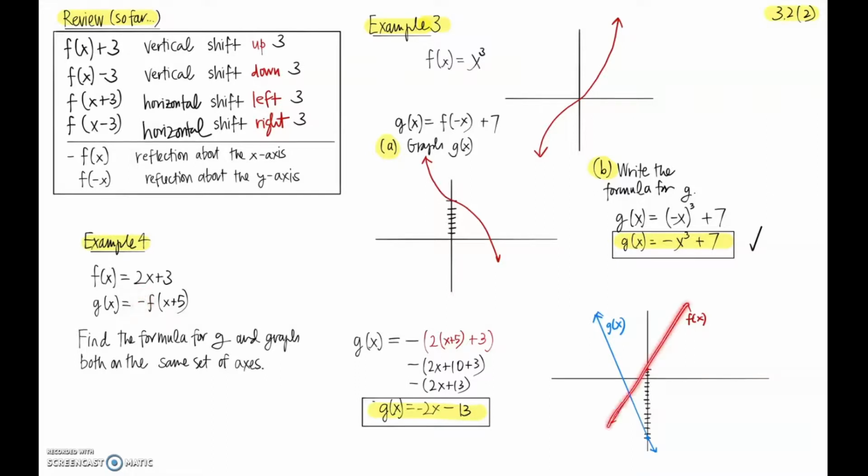So this guy gets shifted left 5 units, and that shift will make it look something like this. And then it gets spun around the x-axis, and once it gets spun around the x-axis, it takes on what this looks like, g of x. So both those transformations resulted in this new function, g of x, which is a variation on f of x.